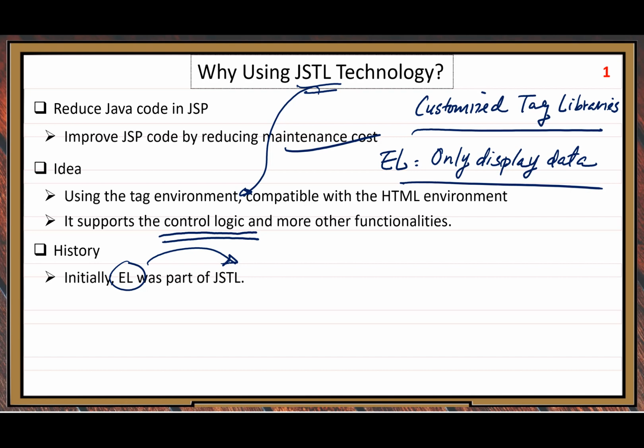That's the old time. But later, more and more Java programmers only need to display some data items. They do not need to use all the JSTL features, only the data part. So then they do not need to include JSTL.